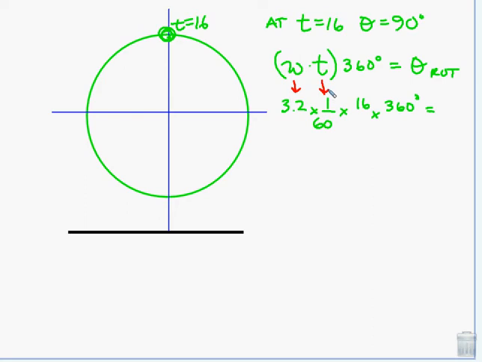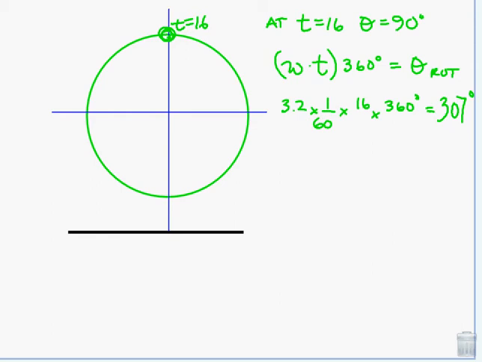So we have to turn it into seconds because our time is in seconds. And then if I take that whole calculation, I will get a fraction of the circle, which then I have to multiply by 360 to get an angle measure. If I do all that, I get 307 degrees. And I'm going to have some rounded numbers in here, so you'll have to just follow these calculations along and make sure you get exacts.